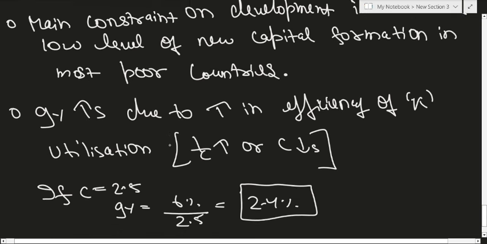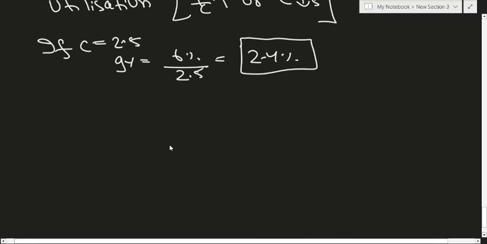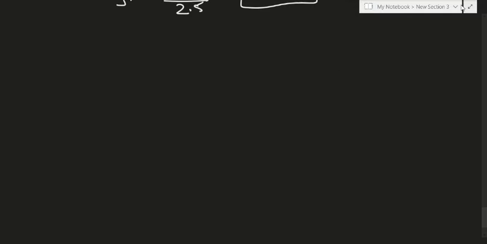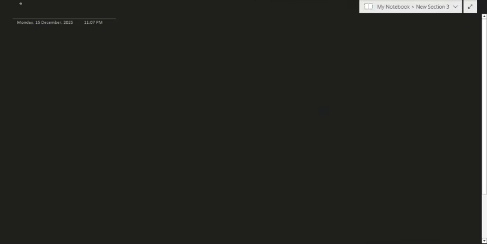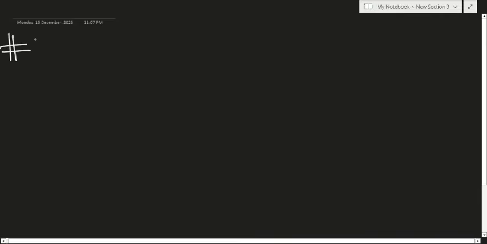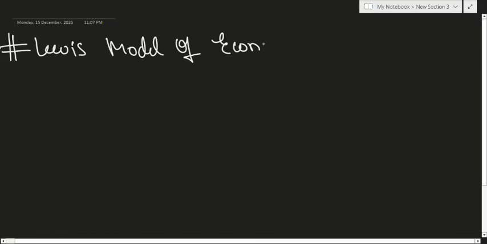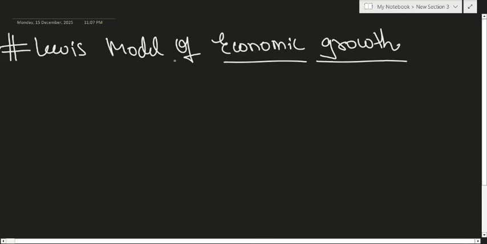Now we turn to the next topic, the Lewis model of economic growth. Alright.